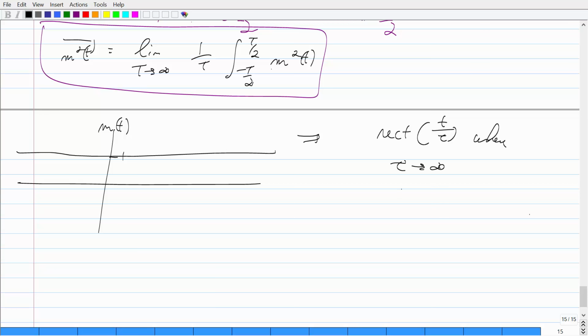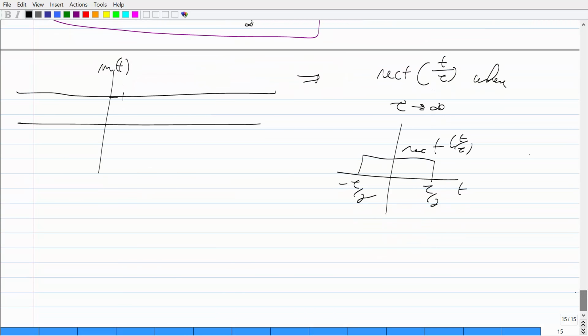If you remember what the rectangular pulse looked like, this is minus tau over 2 and this is tau over 2, rect of t over tau. The value of tau controls the width of the pulse. If I make it infinitely large, you would think of that as just being a constant value spanning the entire time domain. So why don't I exploit that in this equation here.